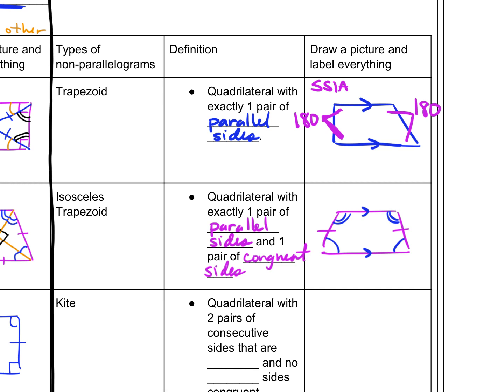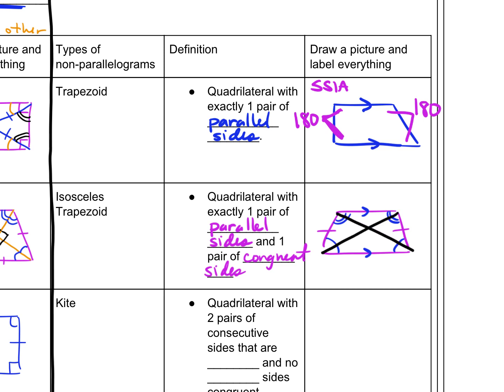Do you remember anything about the diagonals of an isosceles trapezoid? When you draw in the two diagonals, you will get 180 in the middle if you look at a straight line, a linear pair. What's true of the diagonal of the one and the diagonal of the other? They're congruent, right?